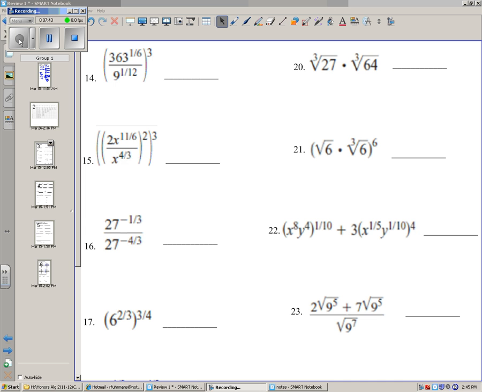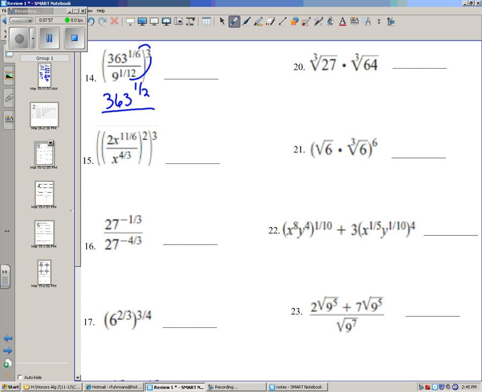So the first thing I'm going to do on 14 is take the 3 and distribute it to the 1/6 and also to the 1/12. So when I do that, I get 363 to the 1/2 power, and then 9 to the 1/4 power. 363 I will go ahead and recognize as a square root because that's easier, I think, for some of us to see that we can simplify it.